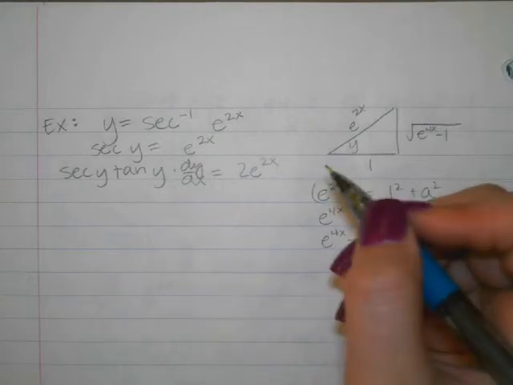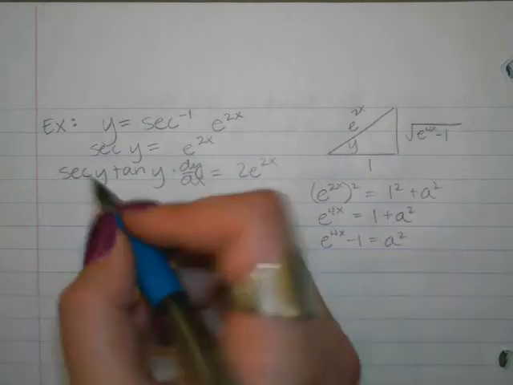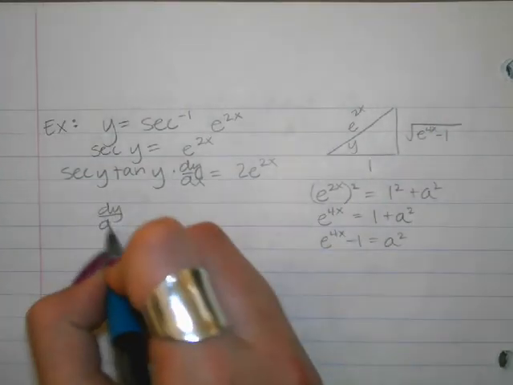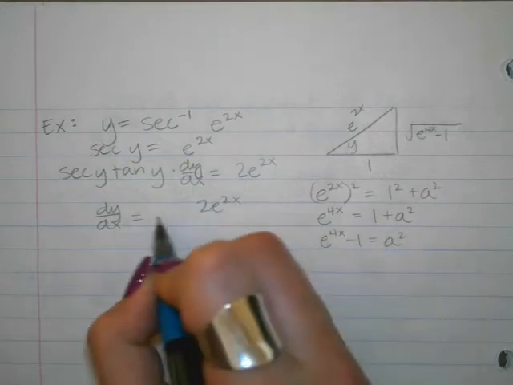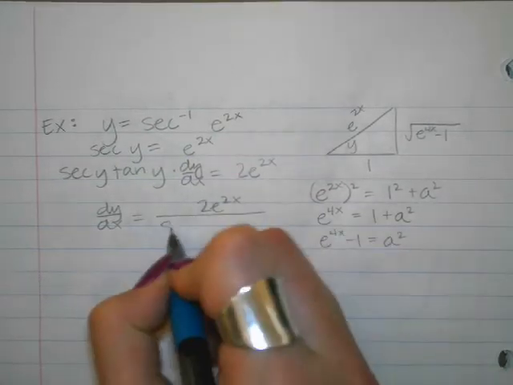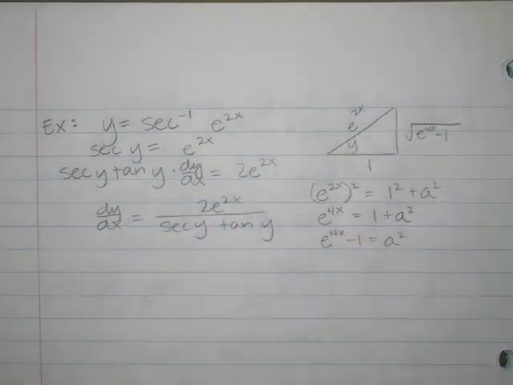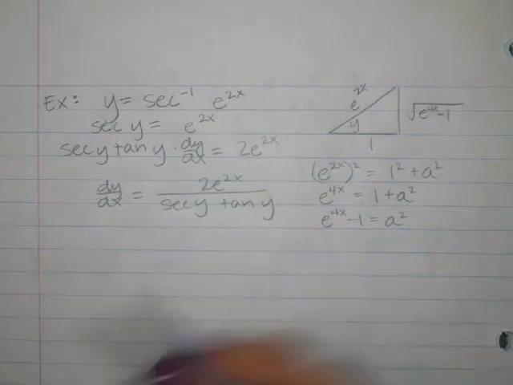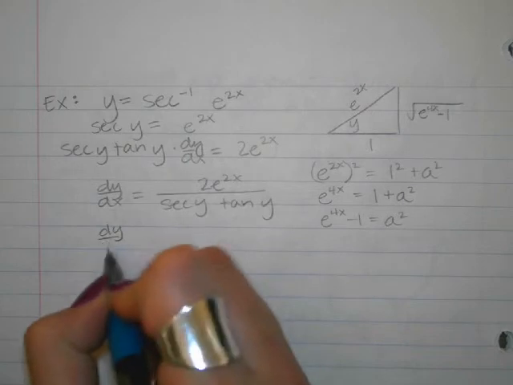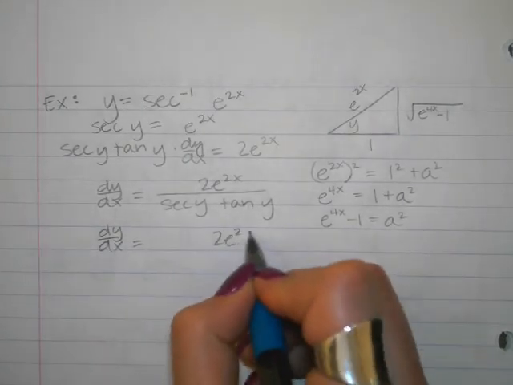It's okay. All right, so we have dy dx equals 2e to the 2x over secant y tan y.